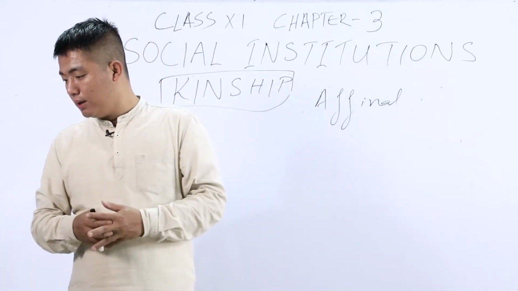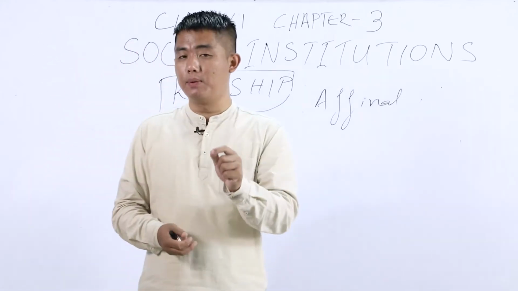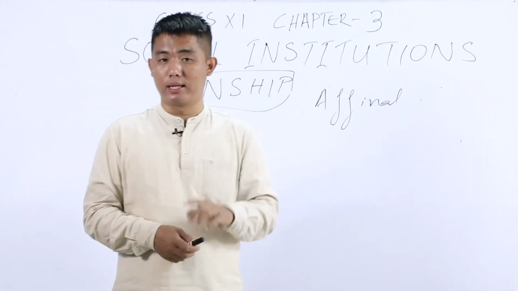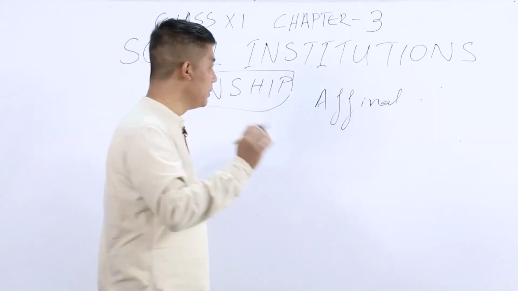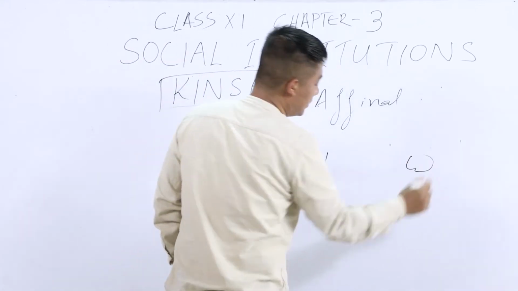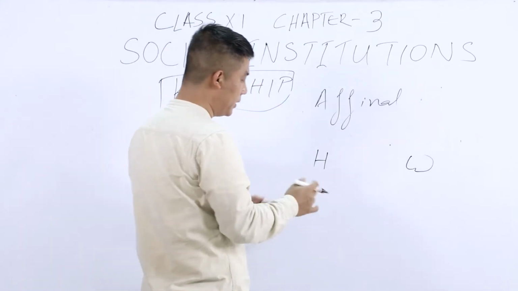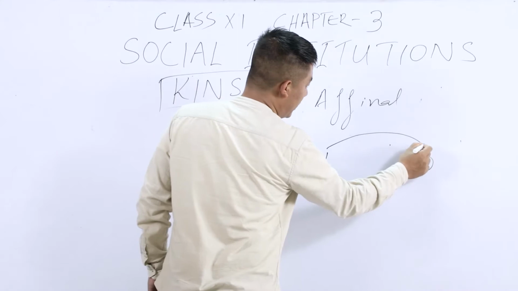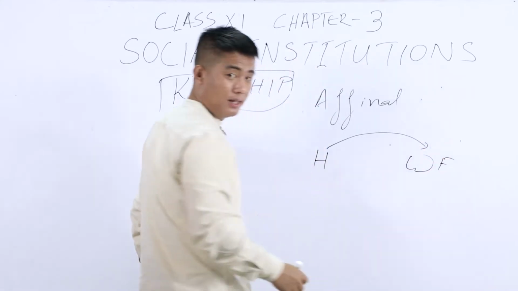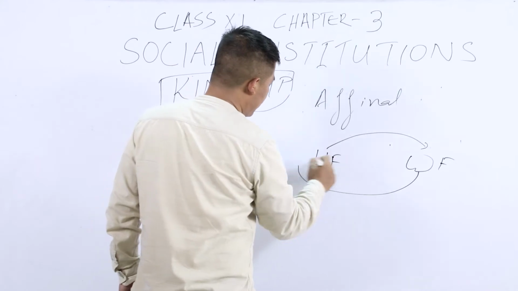Now, marriage establishes a relationship not only between the husband and the wife, that's one thing, but this type of relationship is built between the husband and the wife's family, and the wife and the husband's family.